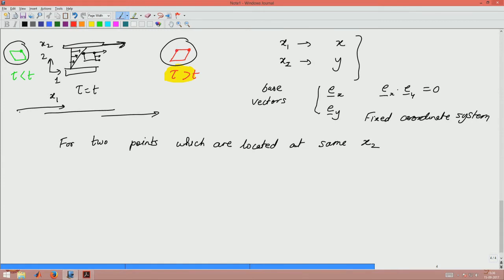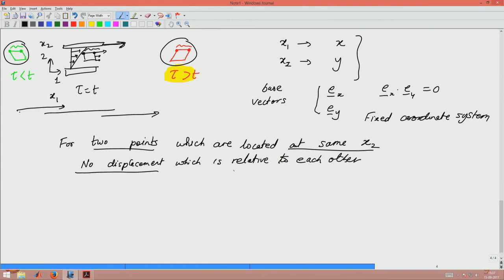Therefore, there would be no relative displacement between these two material points, and so this distance as well as this distance as well as this distance is completely identical. So, there is no displacement relative to each other for these 2 points, right. The 2 points which are located at the same x2 in fact have no relative displacement.